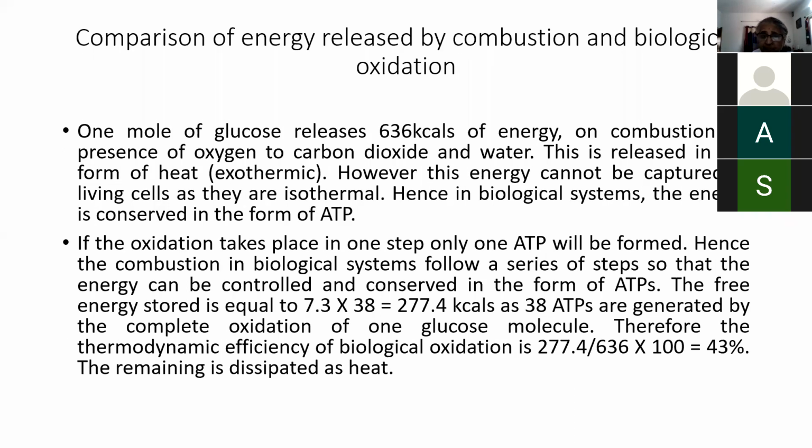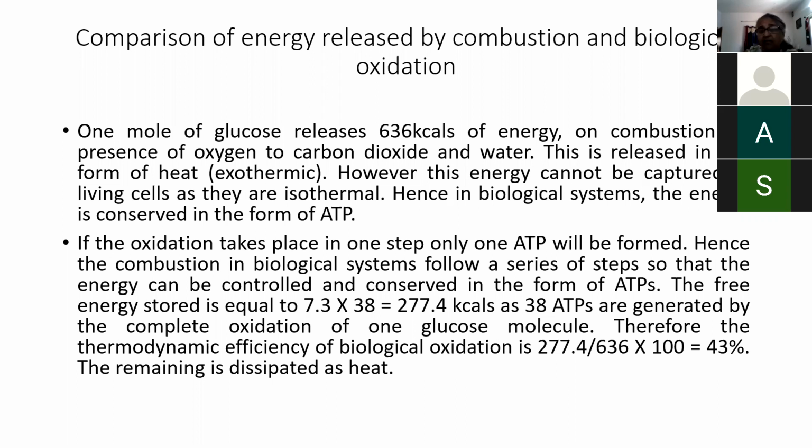But this amount of energy cannot be captured in biological systems because it is isothermal. There is no possibility of energy being released and the temperature getting increased. So this energy in a biological system has to be conserved in the form of ATP. If the same reaction happens, that is C6H12O6 plus oxygen gives carbon dioxide and water, only one ATP will be released because it will be a one-step reaction.